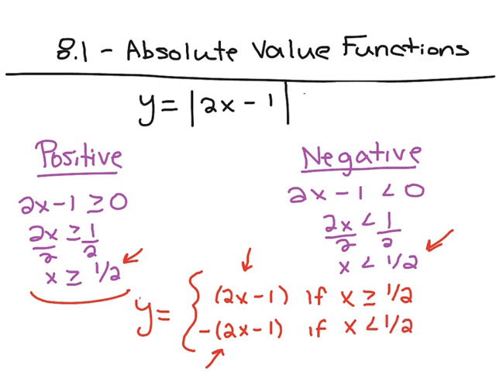So what that means is if we have the function, and it looks like this, if it's greater than 1/2, it has positive numbers. If it's less than 1/2, it has these. So that means that we'd have to flip the original function to make all the values positive.